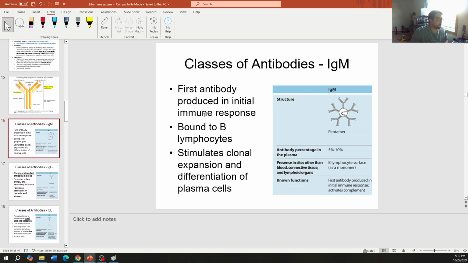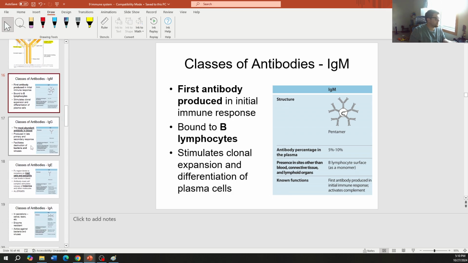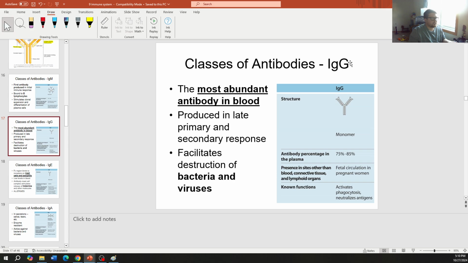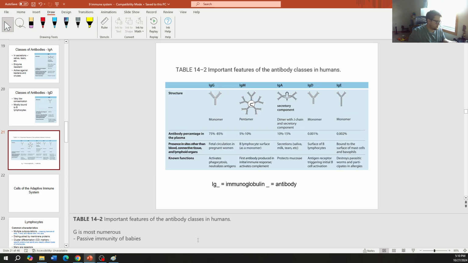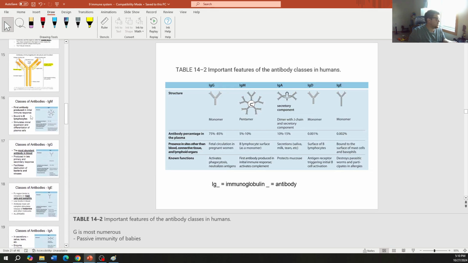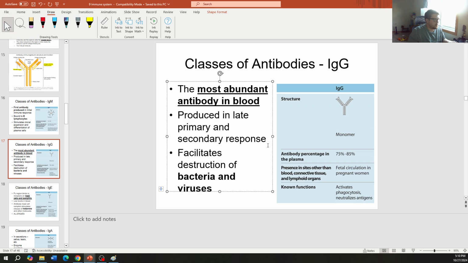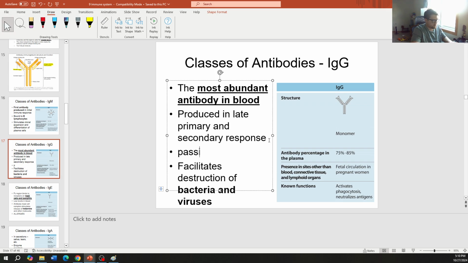Important things to note. IgM is the first antibody produced in an initial immune response, and it's bound to B lymphocytes. IgG is the most abundant antibody in the blood. IgG is also, if I remember correctly, let me double check. Yeah, it's known for passive immunity in newborns.